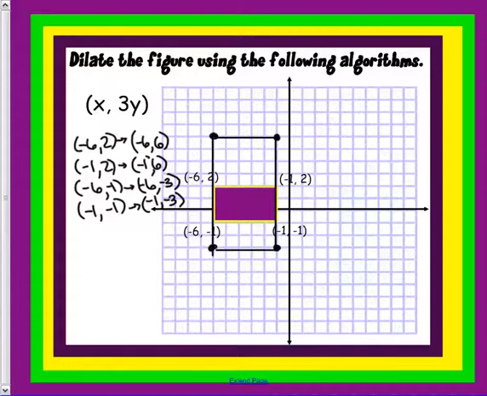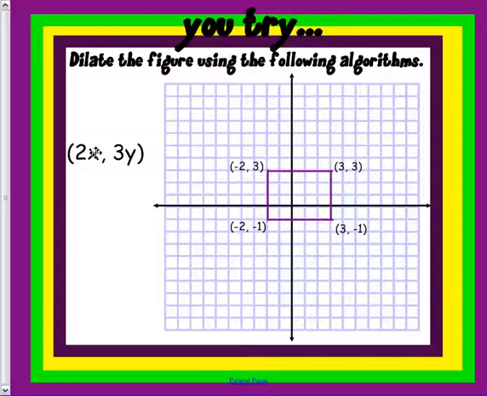Okay, let's look at another one. What if both of them change? So now we need to restructure this as a 2 times every x and 3 times every y. So this one would become negative 4, 9, so negative 4 but up 9. This one would become a 6 and a 9, so over 6 and up 9.